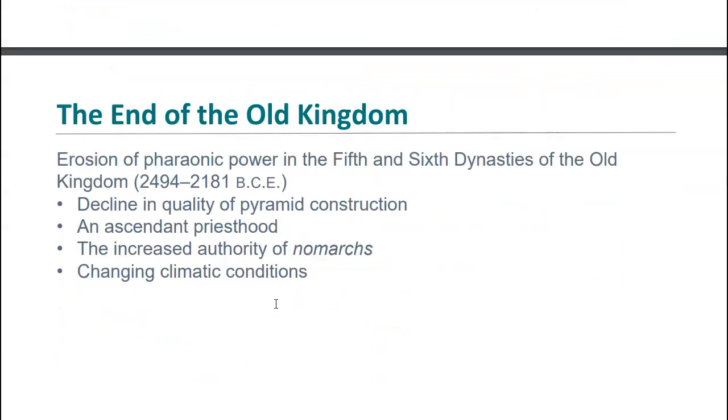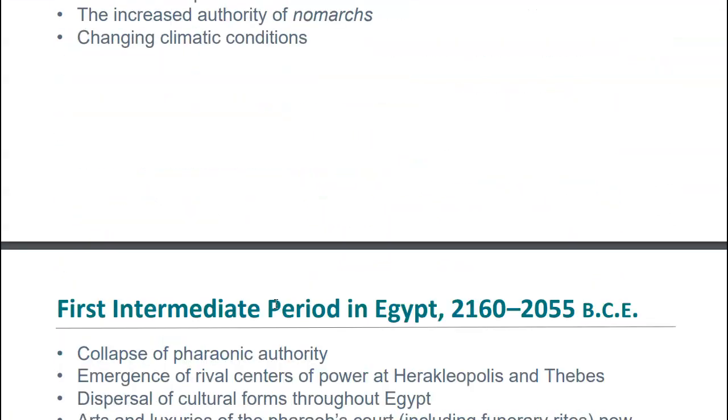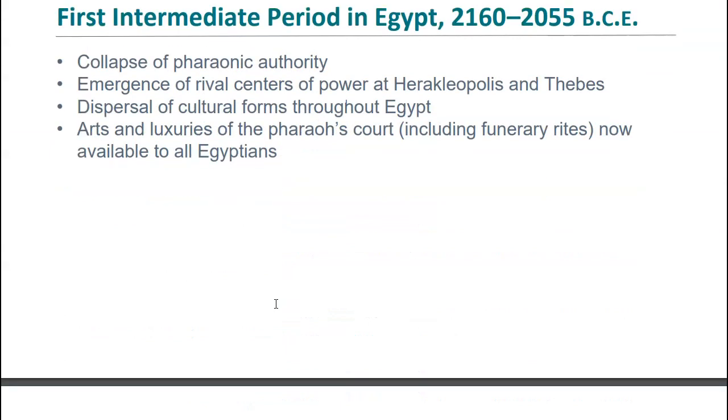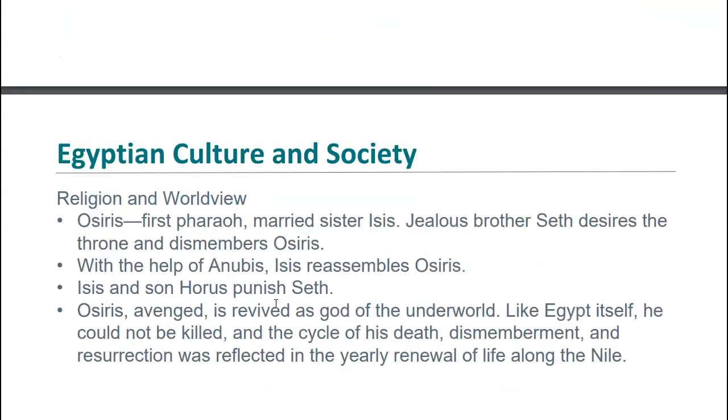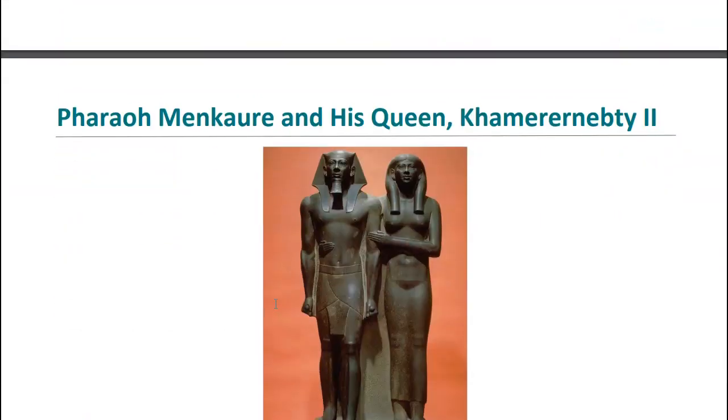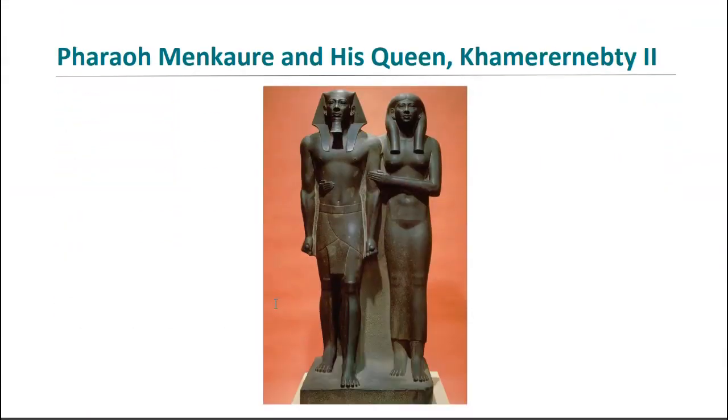From there, you move to the end of the Old Kingdom, the invasion of the Hyksos. There's a little bit of information about Egyptian religion that you ought to be aware of. Basically, Egyptian religion is much more optimistic than religion was in Mesopotamia.